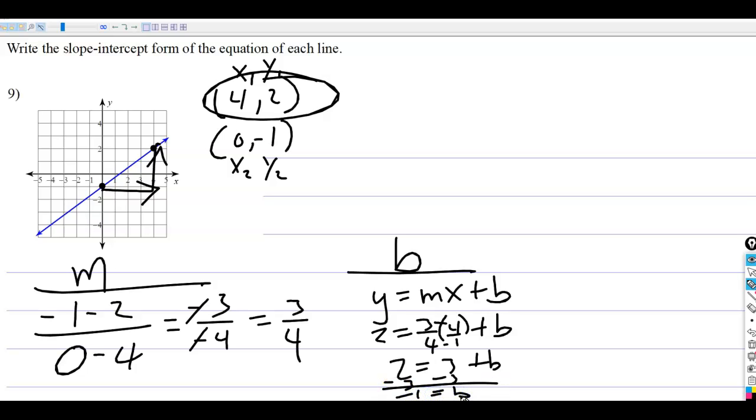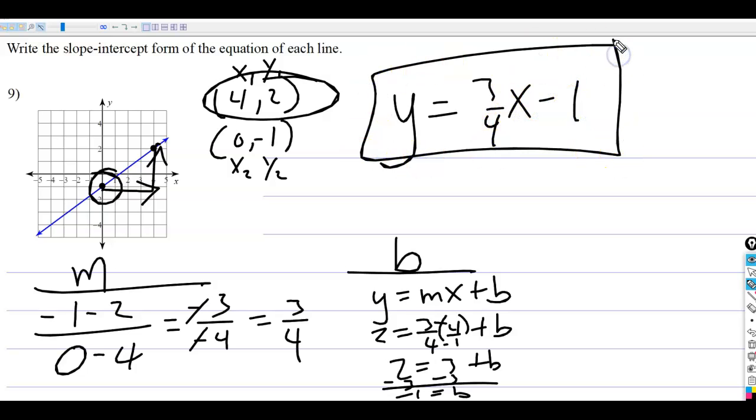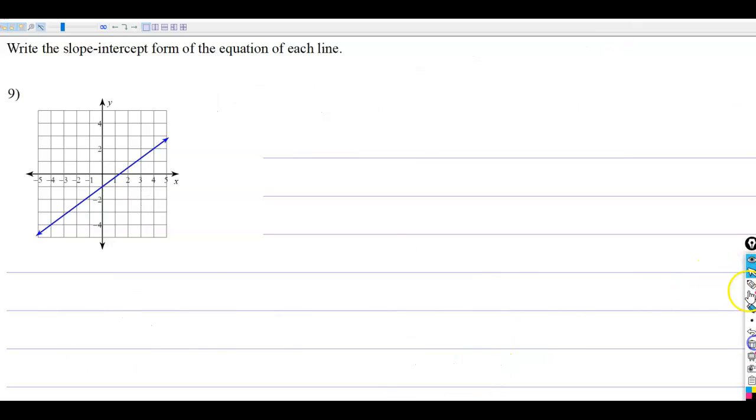I get b equals -1. But once again, you can tell that just by looking at your picture. It's right there. The b is the y-intercept, so it's -1. So if you have a graph, just go ahead and use the picture if you know how to. It's a lot faster. Finally, we're able to write our equation, which is y = 3/4 x minus 1. And there you have it. That's how you find the equation of a line, 3 different ways.